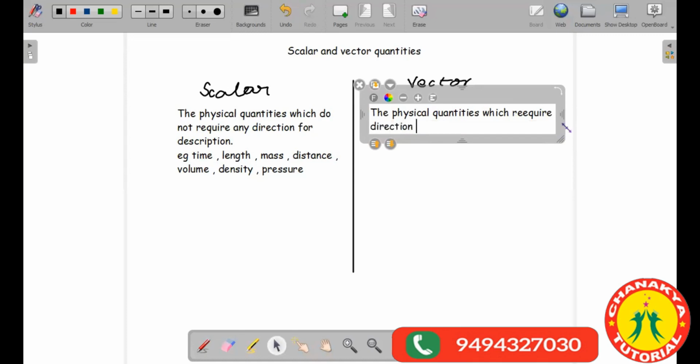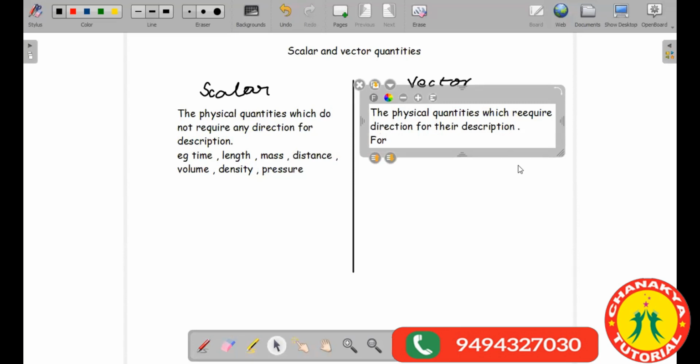Physical quantities which require direction for their description, so that their impacts can be studied. We can understand them only with their magnitude as well as direction. They are called vector quantities.